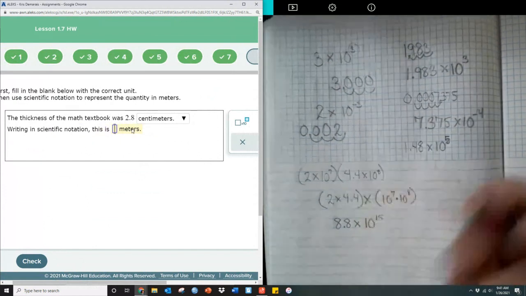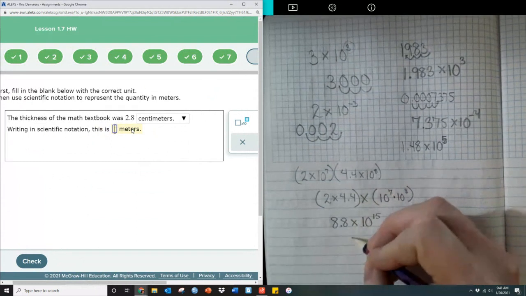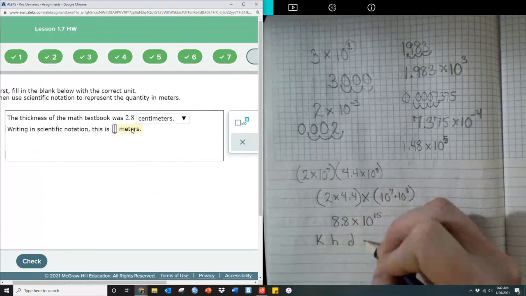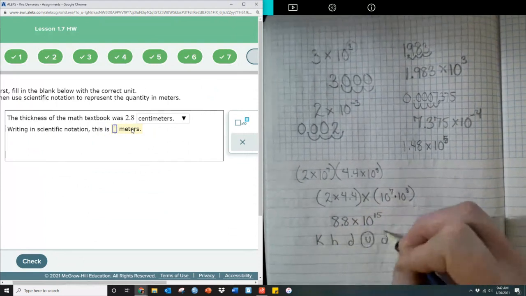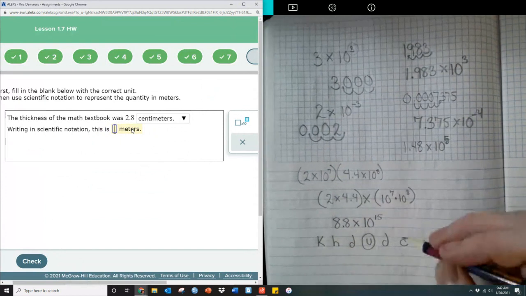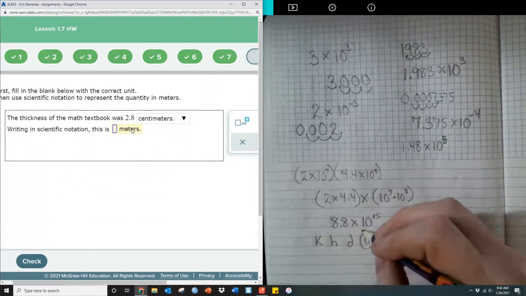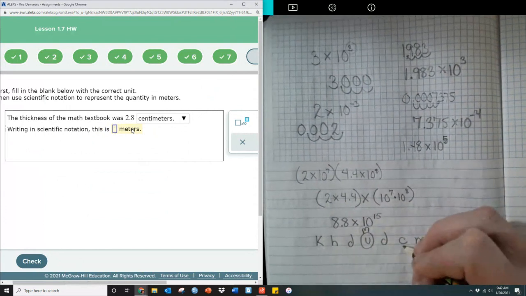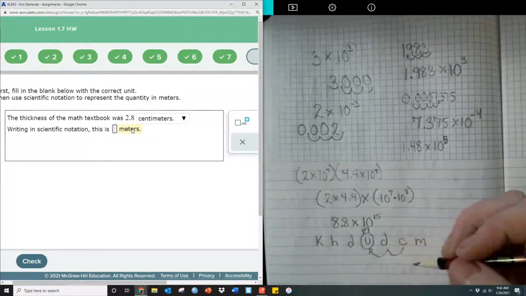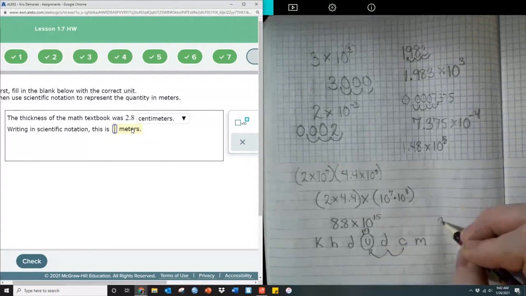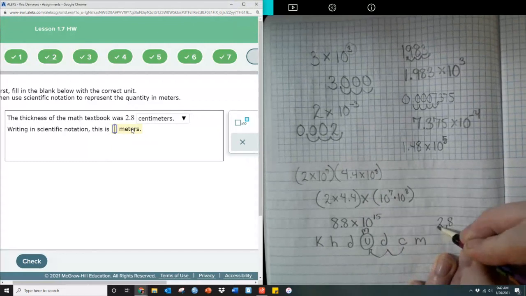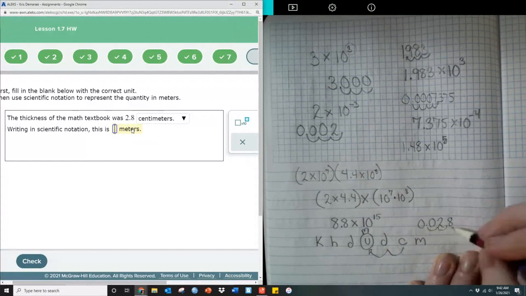Now, I don't know. It's hard to imagine, but King Henry died, unfortunately, drinking chocolate milk. And the unit of measure is meters. So it's going from centimeters to meters. So the decimal point is moved over twice. So we're looking at 2.8 centimeters, now turned into 1, 2 units, into meters.